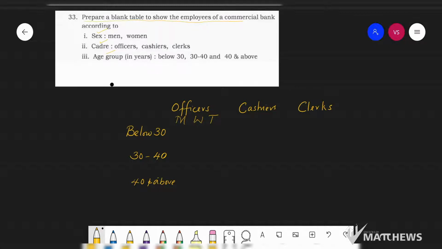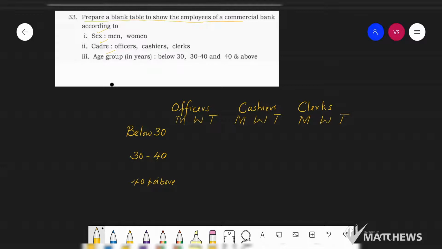Men, women, total, men, women, total. So you see, students, first of all, there are three columns. In the first column, again 3 divisions have been made. In the second column, again 3 divisions have been made. Altogether, I will be having 9 columns, students. Okay, understand? Like this we can do it.